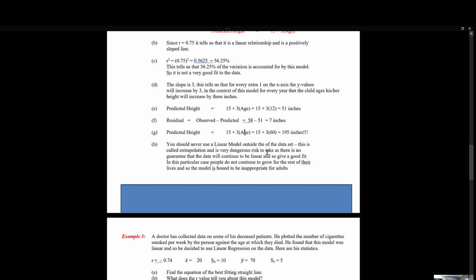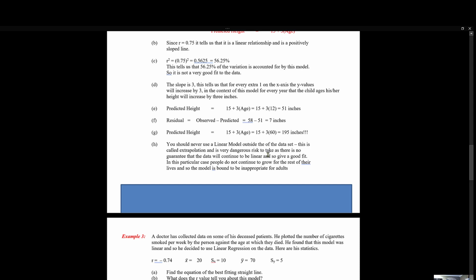That's when you try and plug numbers into your formula, your model, that are beyond the range of where the data was collected. So if you collect data on 20 to 40-year-old males, don't use the formula to predict what a 10-year-old kid would be like, or what a 90-year-old man would be like. That's extrapolation, not a good idea.